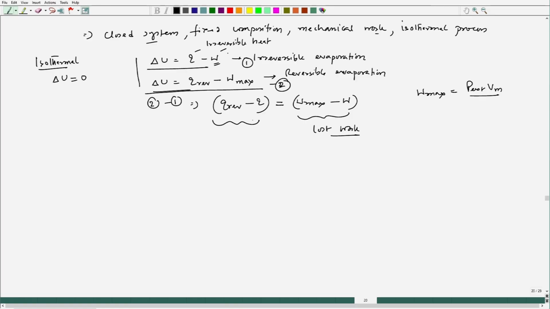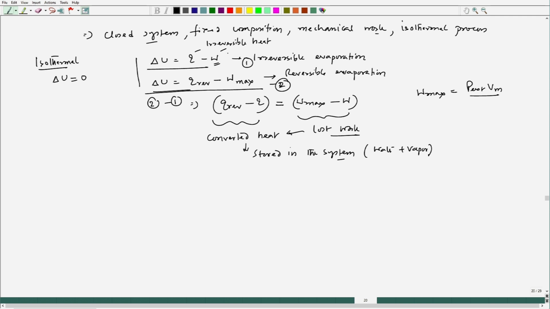That lost work is converting into a certain quantity of heat, and that heat gets stored in the system. So, this is nothing but converted heat from lost work, which is stored in the system. The system is water plus vapor, so there it is getting converted.